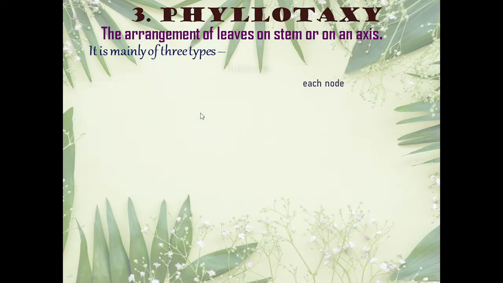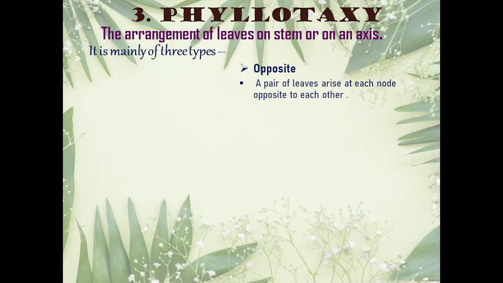Now the next one is opposite. A pair of leaves arises at each node, opposite to each other. How is it then?